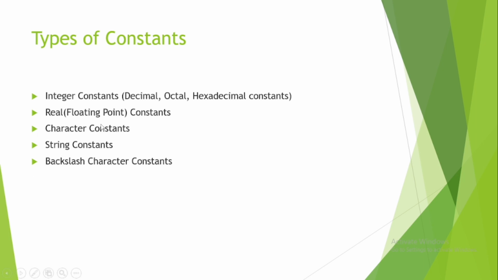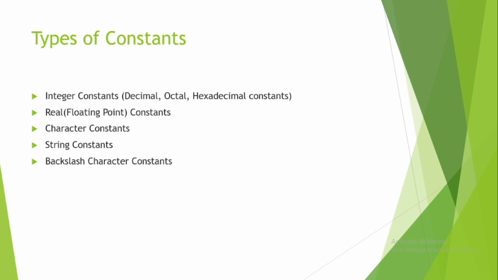A real floating point constant is a decimal. If you have any value in fractions like 2.5, so there is a point, that is a real floating point constant. Character constants: if you are creating any constant having the value in single quotes, that is called a character constant.